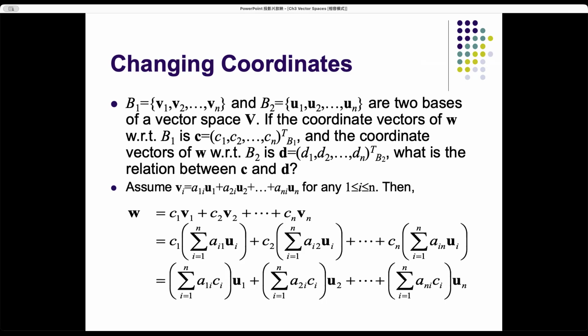Let's say B1 is V1 to Vn, and B2 is U1 to Un.